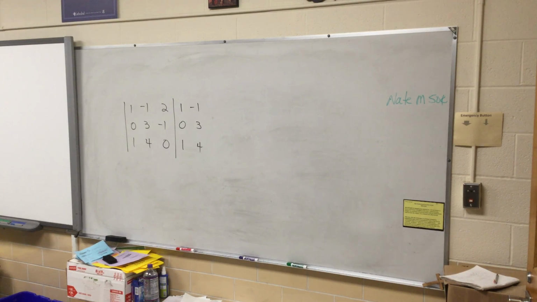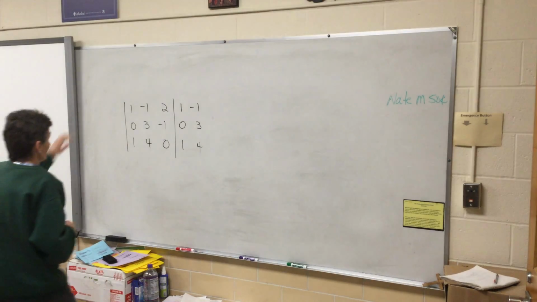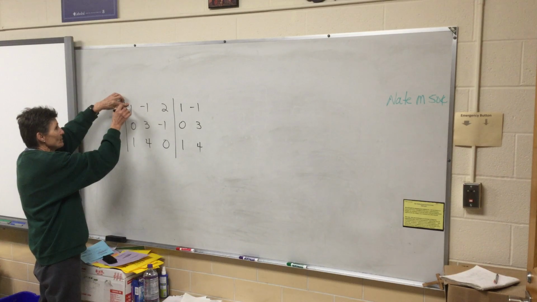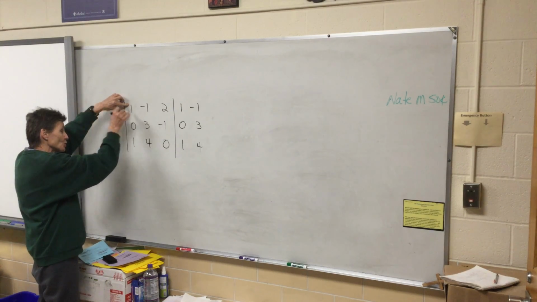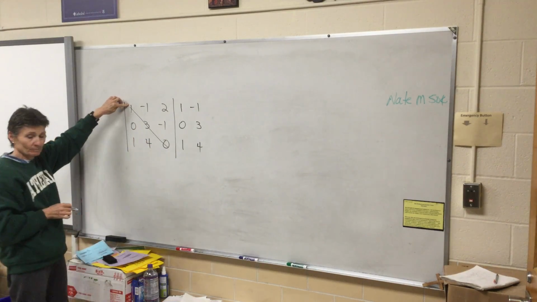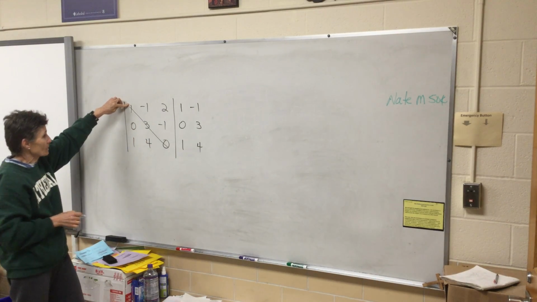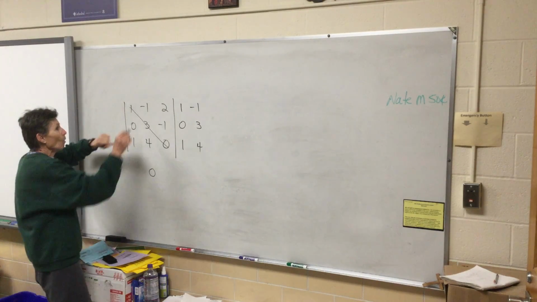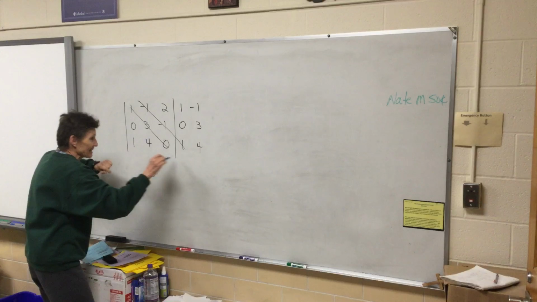Okay? Now, always start right here. Start at the beginning. This is the first number in the determinant. Multiply these together. I got 0. Now, multiply these together.